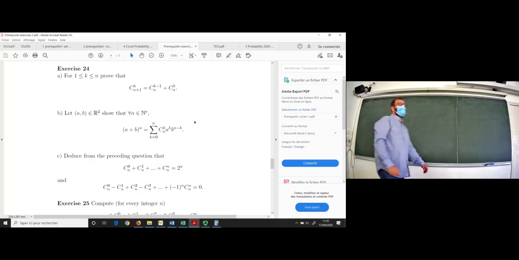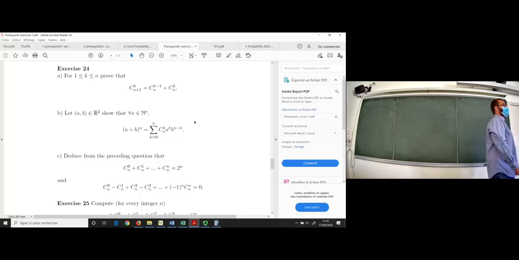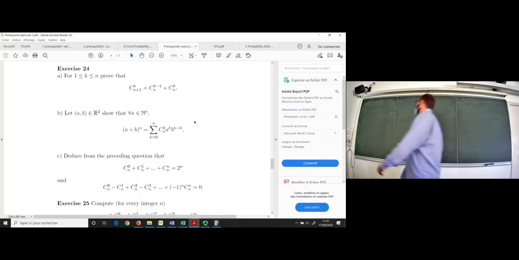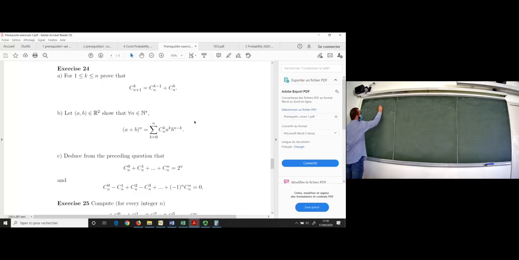First of all, I remind you of the definition of C(n,k). C(n,k) is defined for k belonging to 0 to n. C(n,k) is n factorial over k factorial times (n minus k) factorial.